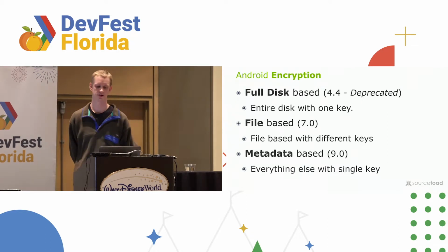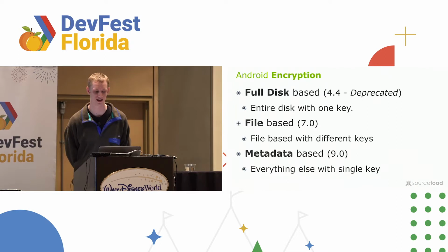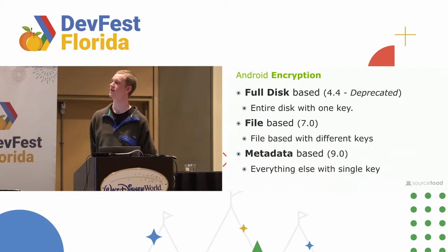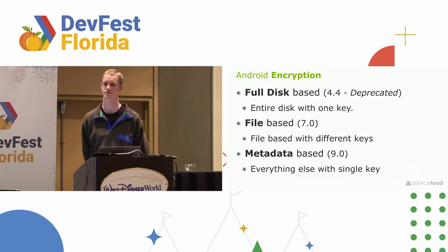Moving on to encryption. This one's pretty easy to talk about, because what happened in the past was full disk encryption, where your entire Android device was encrypted at boot. You were decrypting it with one key. This is annoying, though, because how does your Android phone work if it's off or turning on? It has a subset of functions until you enter a password, passphrase, or a little drawing symbol, whatever.